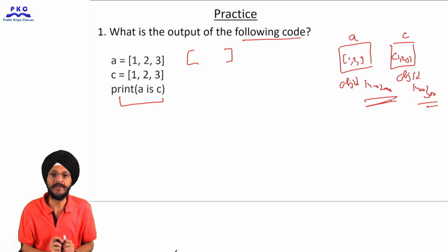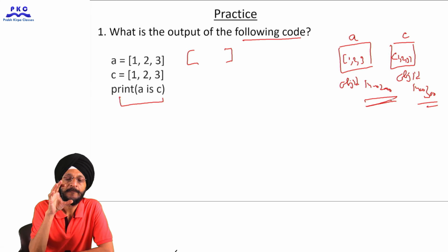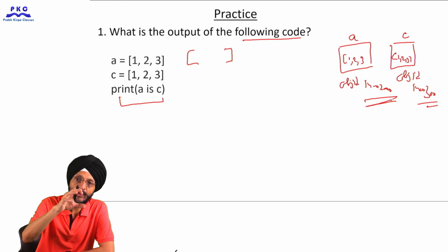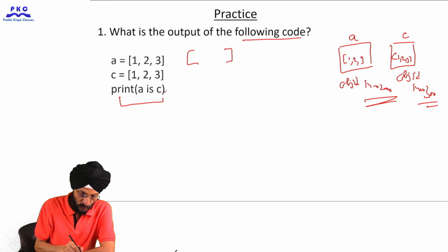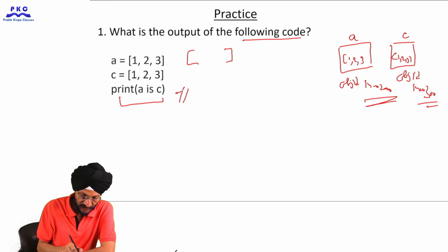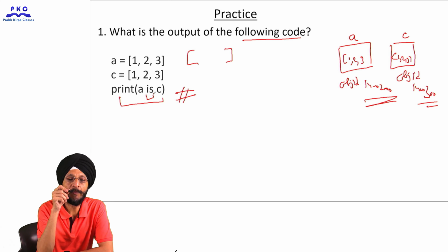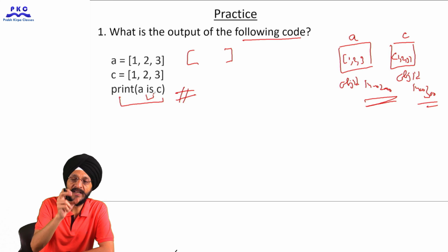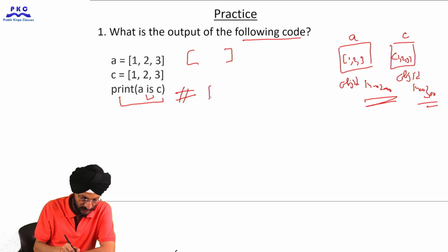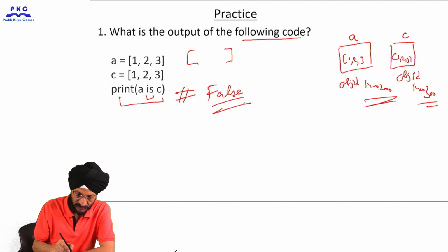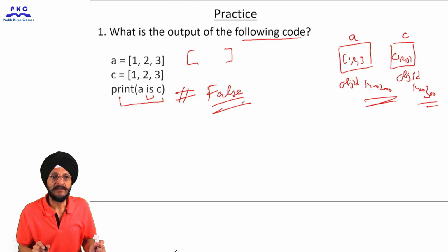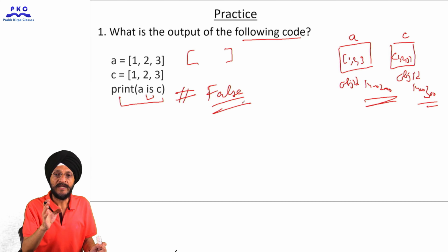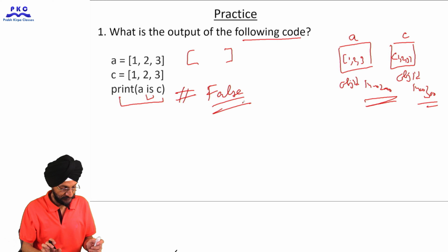So in the case of lists, each assignment creates a different object in memory. So print A is C. Here we are using the is operator to find out whether the memory address of both the variables is the same, whether A and C refer to the same object in memory. The answer is False. Both the objects have different memory locations.